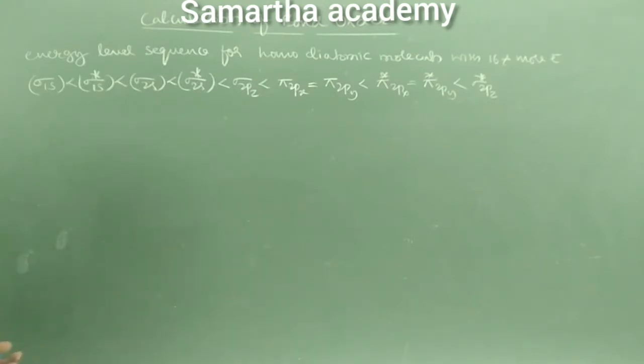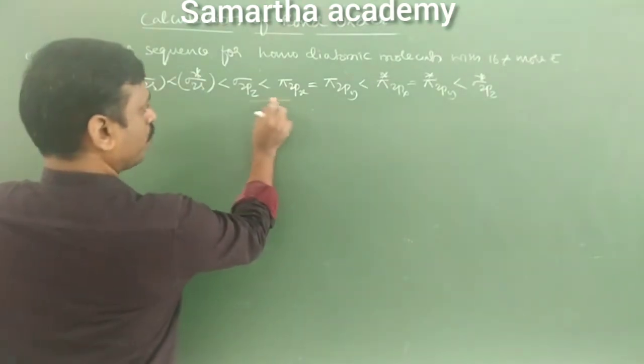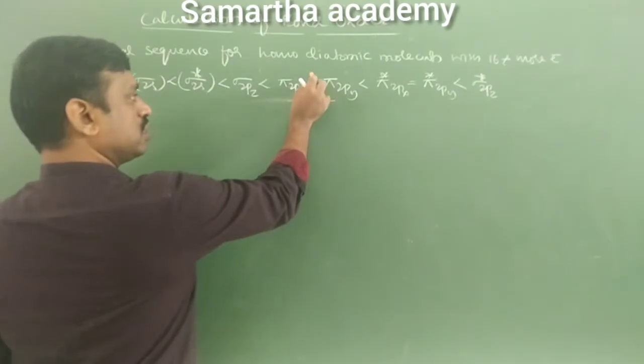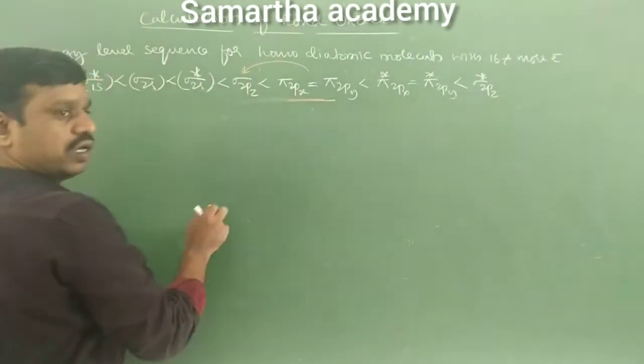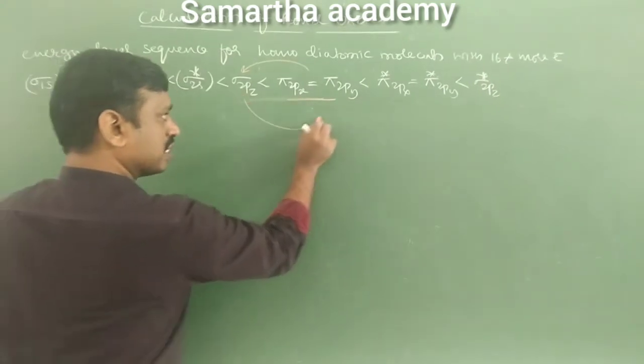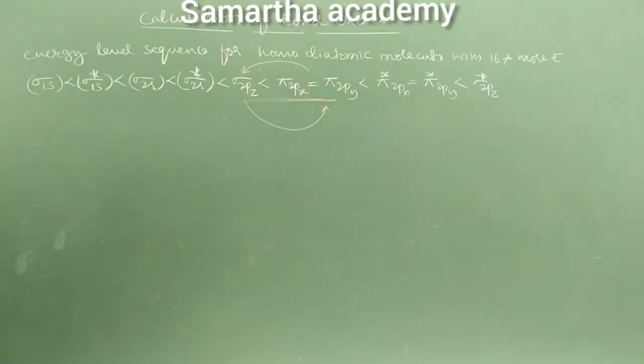Then what is the difference from nitrogen? In nitrogen we wrote sigma 2pz in place of pi 2px, pi 2py. That was the change.